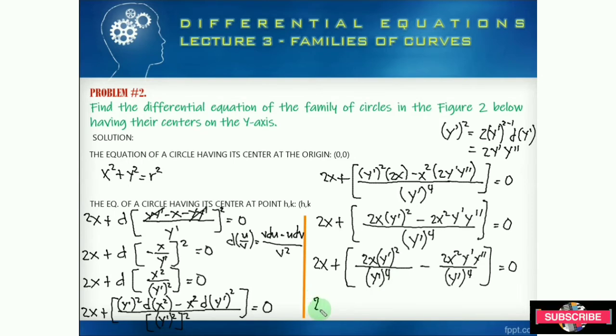And then proceeding 2x plus, so we have here reducing this one, so 2x, and then we have here, so 2 cancel out, so this would be 2, no?